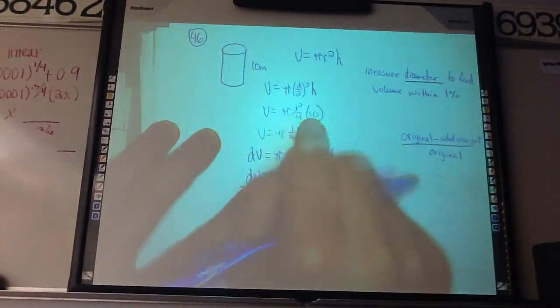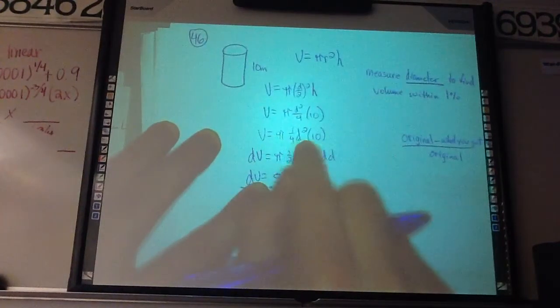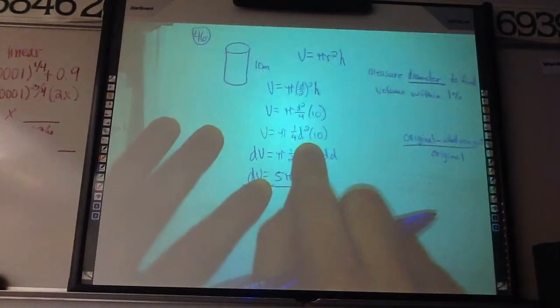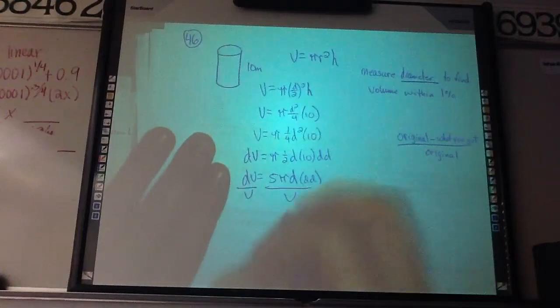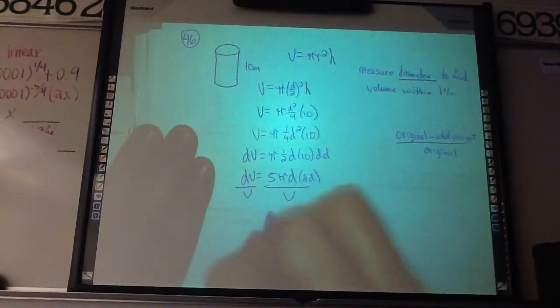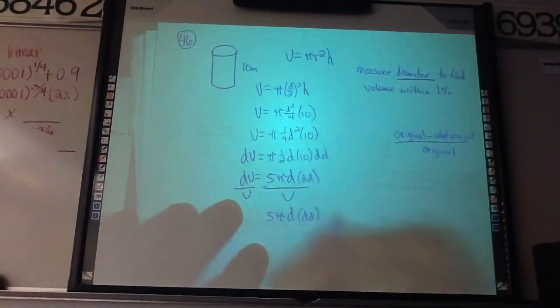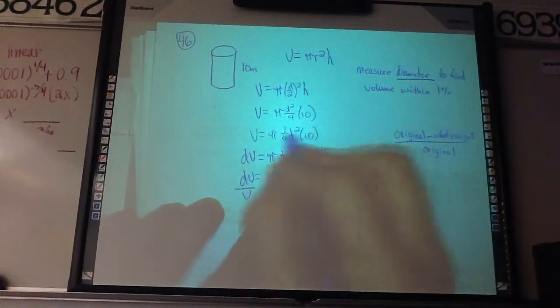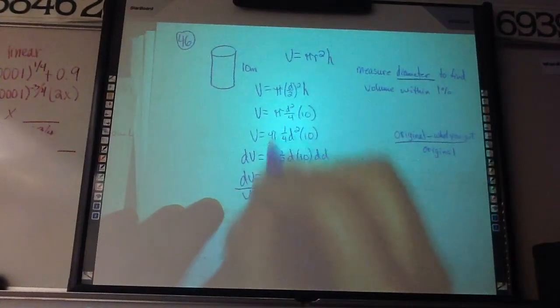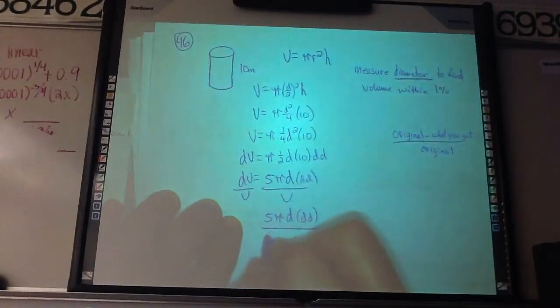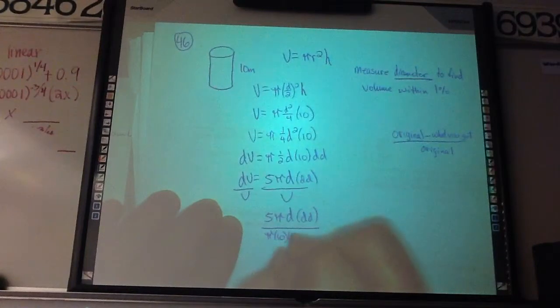So we plug in pi times 1/4 d squared times h. On top we have dV, 5 pi d times dd, over the volume, which is pi times 10 times 1/4 times d squared.